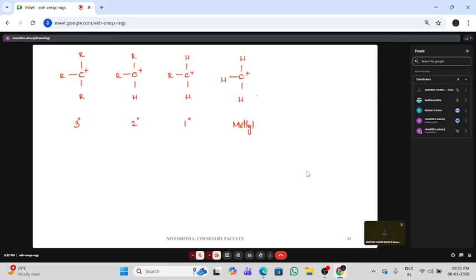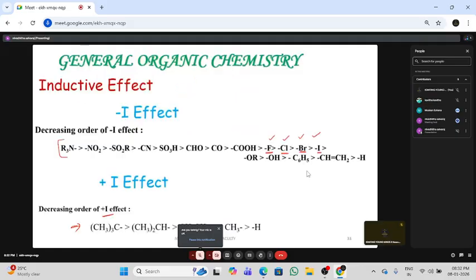Now we have to understand which among these types of carbocations is more stable. Kana, as I've told you already, carbocations are electron deficient. They don't have electrons. That is why they are unstable, right, Kana? Now, as far as the tertiary carbocation is concerned, this electron deficient carbon is directly attached with 3 R groups. What is an R group? They are basically alkyl groups. What will an alkyl group do? They are +I groups, right? So they are electron donating groups.